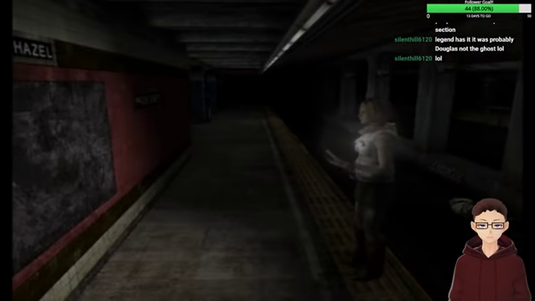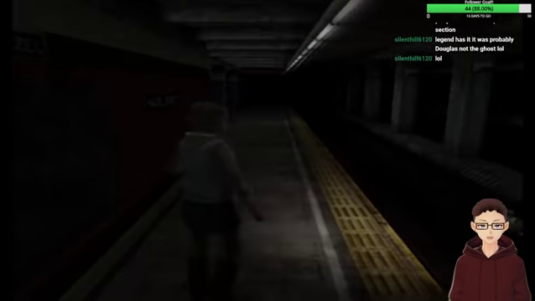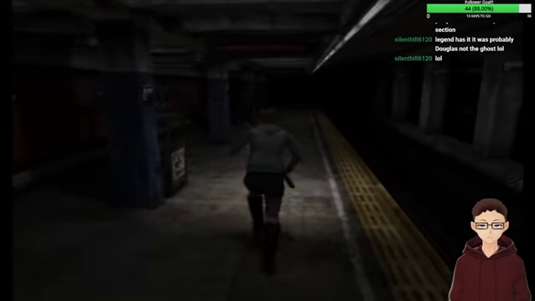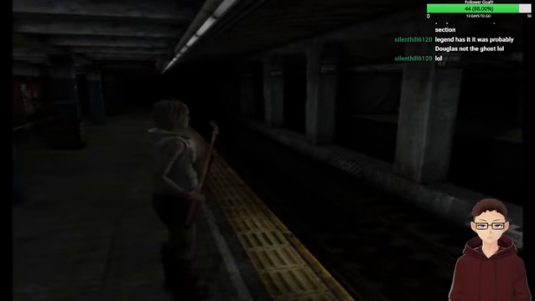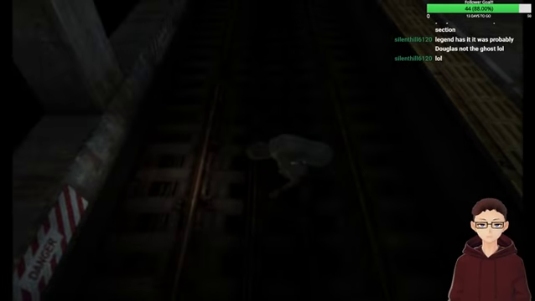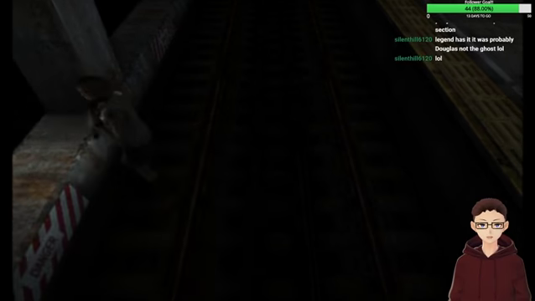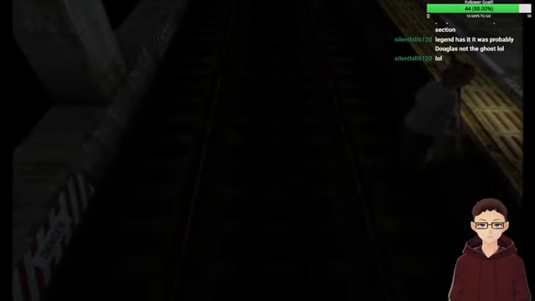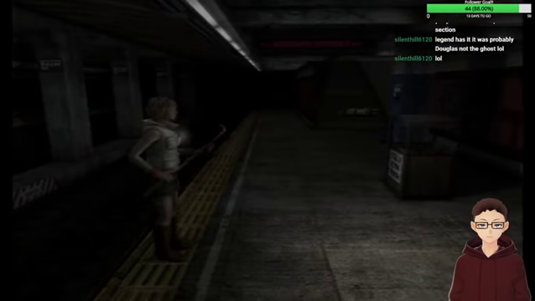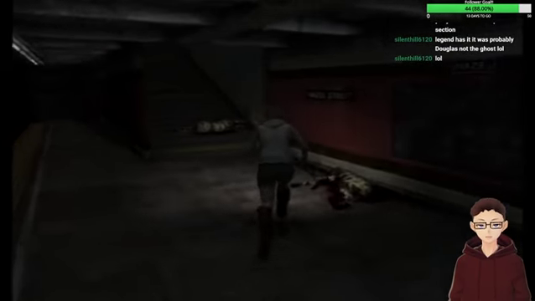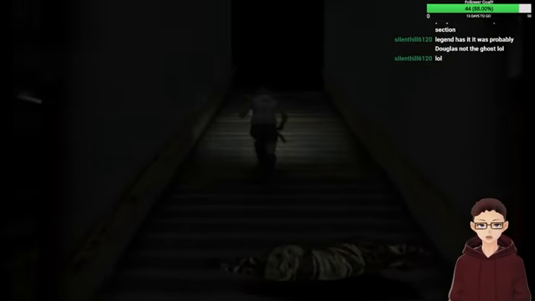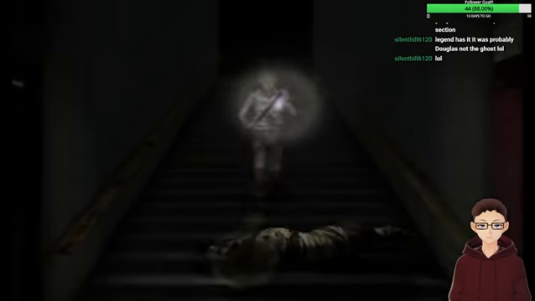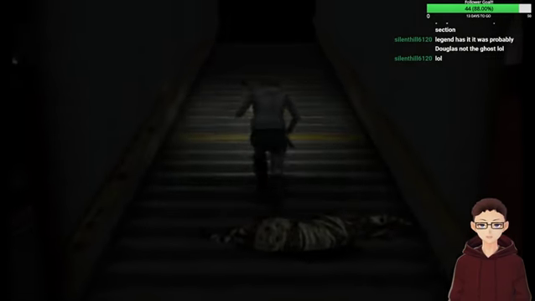Yes. And nothing happened. Okay. If I go here, can I interact with this concrete divider? No. So here's another experiment we're going to do. We're going to see if the dogs respawn if I go up and back down. No, they don't.